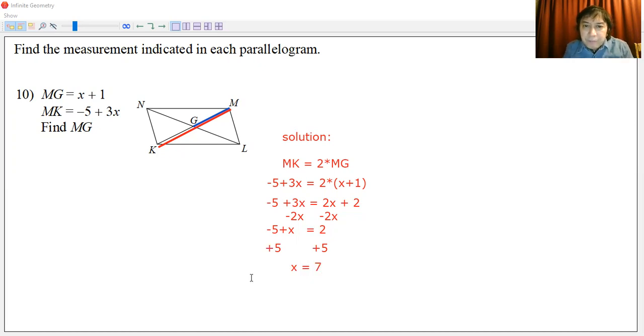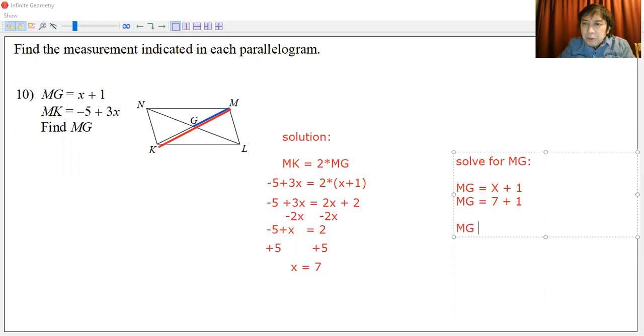Knowing the value of x, we can now solve for the unknown. We're after mg. So let's compute. Solve for mg. mg is equal to x plus 1, which is 7 plus 1.